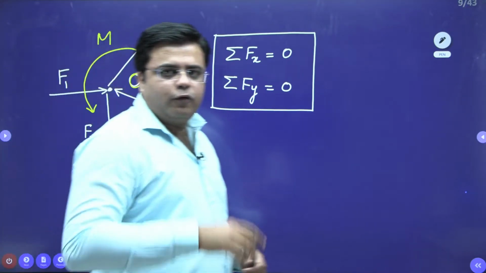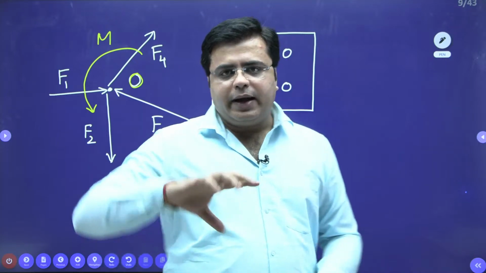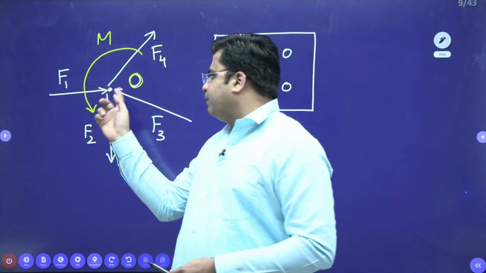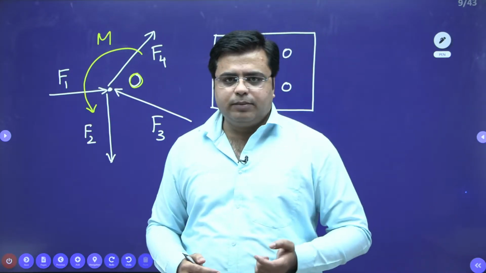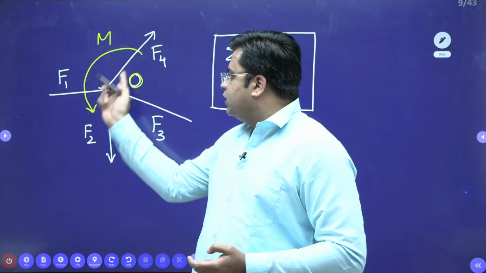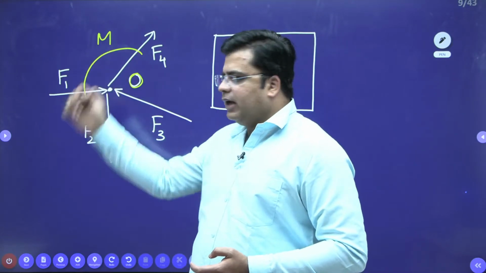So if any force system is meeting at a point and you apply a moment about that point, then there are no chances of development of any resisting moment about this point against this externally applied moment.